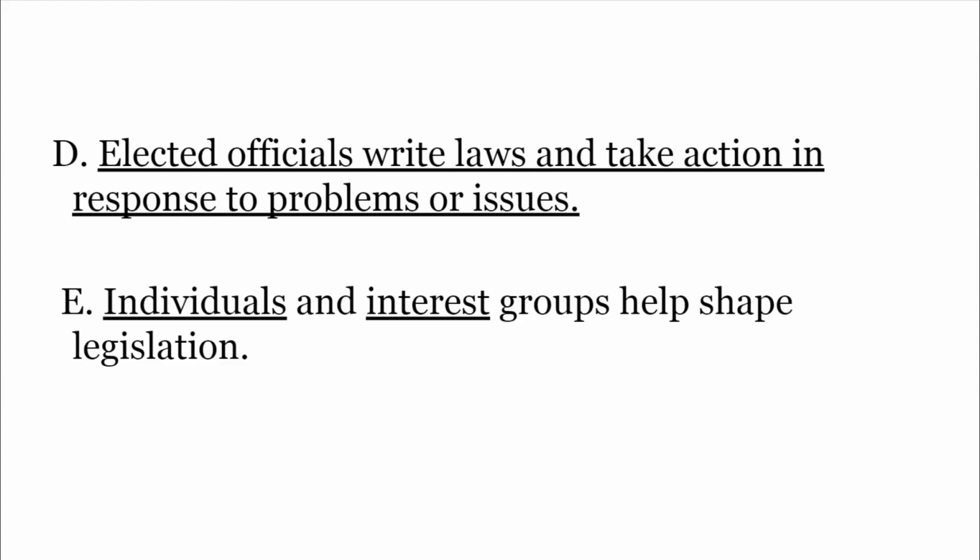So we know that elected officials write laws and take action in response to problems or issues that occur, and these can come from either large interest groups or it can come from you guys as individuals, so members of Virginia's citizenry. One of the big things that we take a look at is the idea that there are some laws that have been passed because people have written their congressman, their delegate, their Virginia senator and said, look, this is what's going on in our locality, specifically, let's say just Fredericksburg or King George or Spotsy, Stafford, and we need laws to help change these issues.